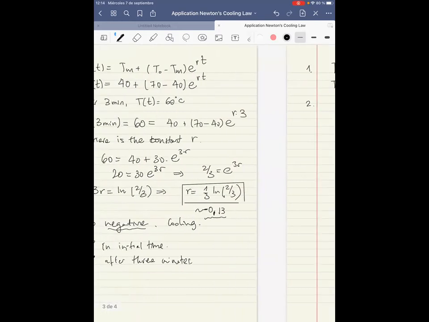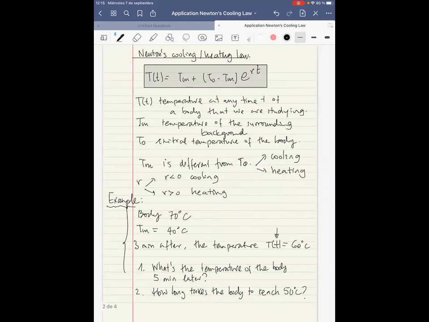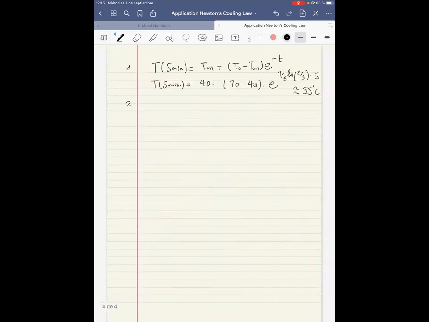The second question asks how long it takes for the body to reach 50 degrees. We want to reach 50 degrees, that's the final temperature of the body. We have the rest of the parameters, but now we have to calculate the time at which the temperature is that.